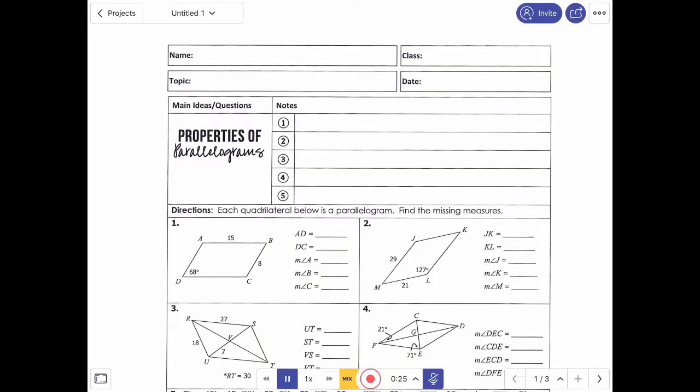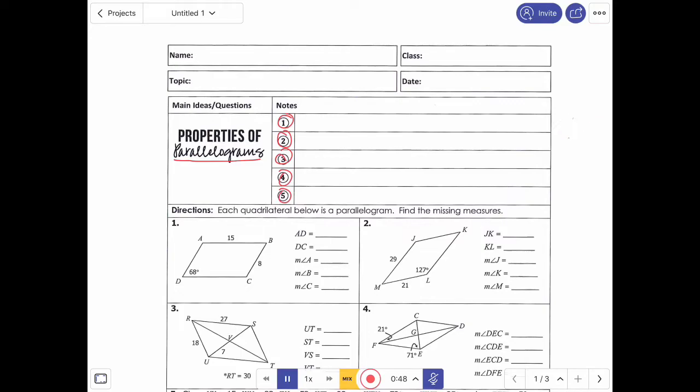So you should have at the top of your paper properties of parallelograms, and then a bulleted list of 1, 2, 3, 4, 5. Okay? And then I'm going to try to draw what 1 through 5 looks like. So right next to where you have number 1, you might have a short little drawing of, oh, if all the sides are congruent, then that looks like this sort of thing.